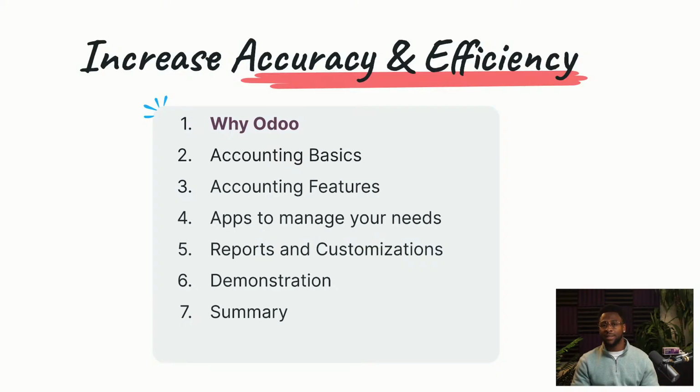From there, we'll talk about the different applications that accounting will integrate with. And then we'll talk about the different reports and customizations that we'll be able to make in the system. After all of that talking and the slides are over, we'll dive deeper into the software itself, and I'll show you all how it works.